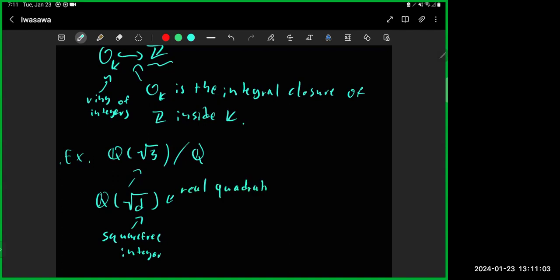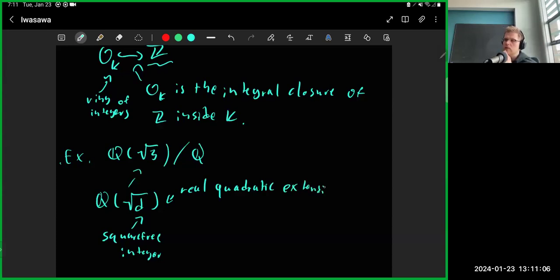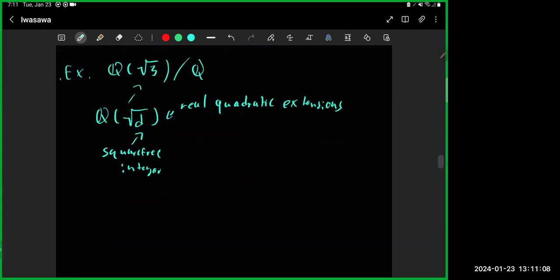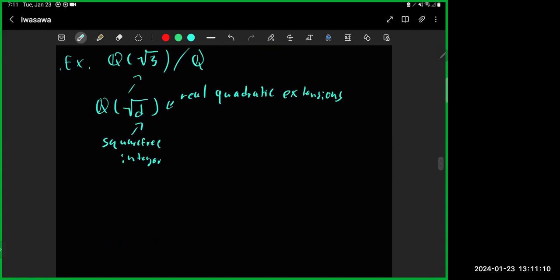And then the O_K would be like, so this is quite interesting. For quadratic fields, we have quite an interesting description. O_K is equal to, we have two cases.